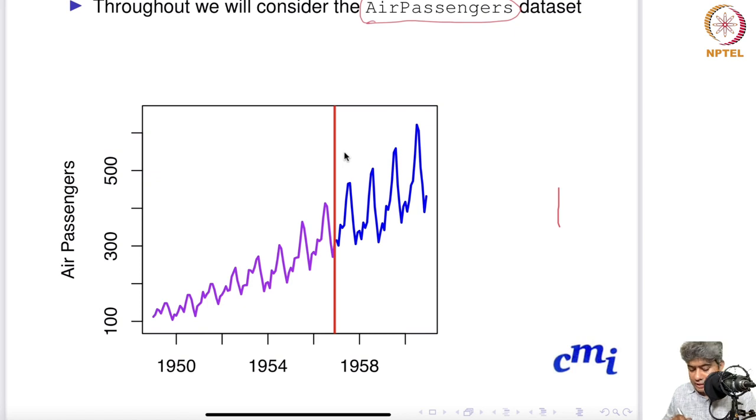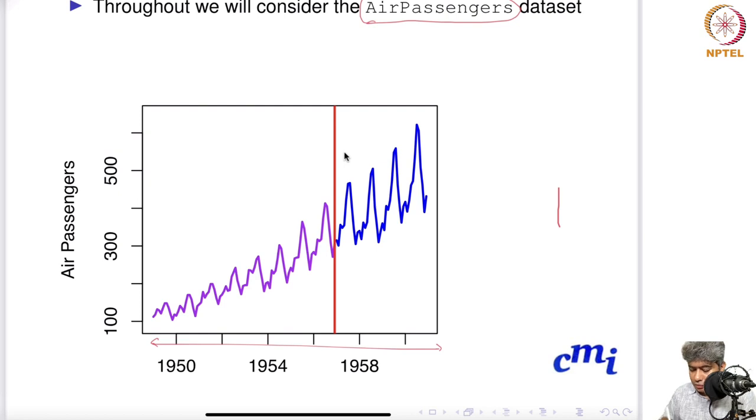In this AirPassengers dataset, we have the monthly number of people who traveled by air in the US between 1949 and 1962, around this time period.